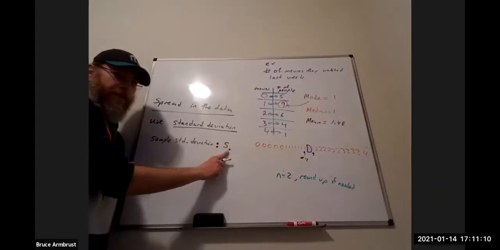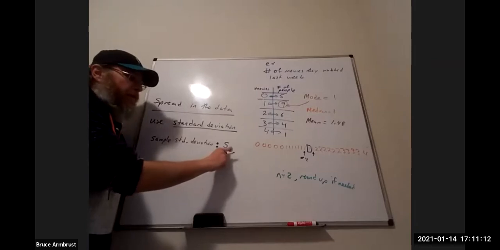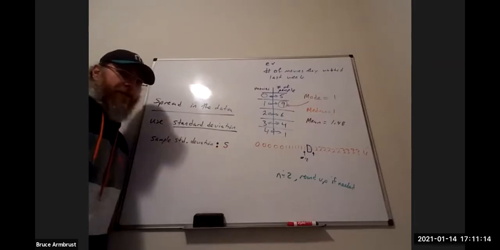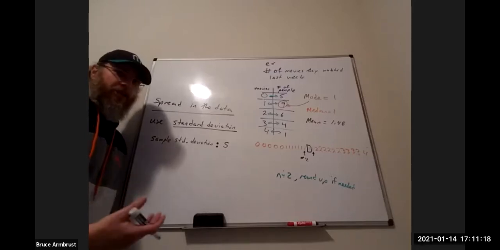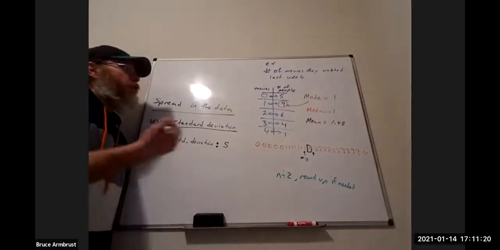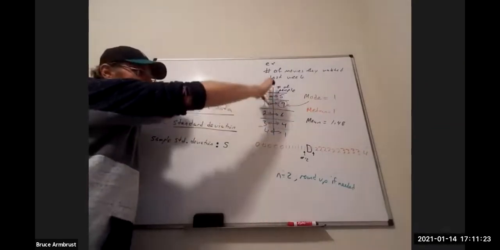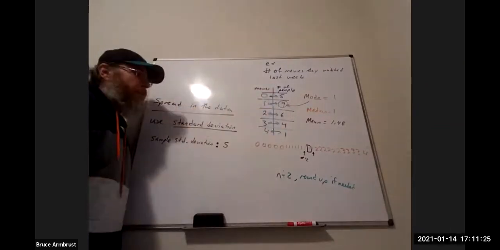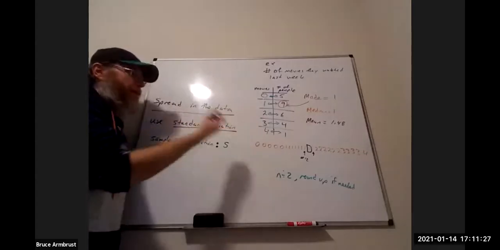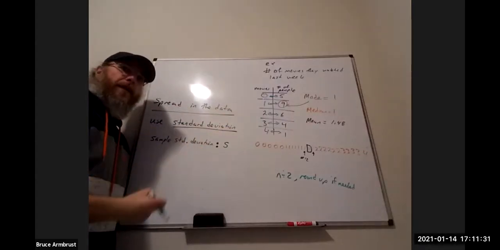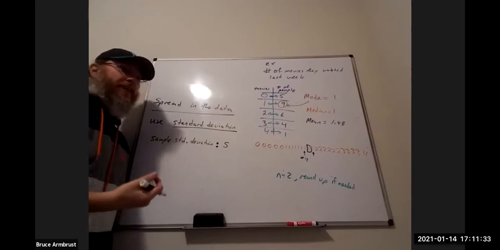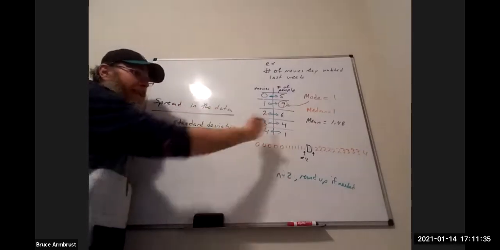You'll see a little sub X, right? But I'm going to be lazy. I'm just going to use S, right? So if you see S, that means it's the standard deviation of the sample. So take like this example with the movies, right? We take these numbers, we plug them in to the formula for standard deviation, we get a number. That's going to be an S because that's the standard deviation of the sample.